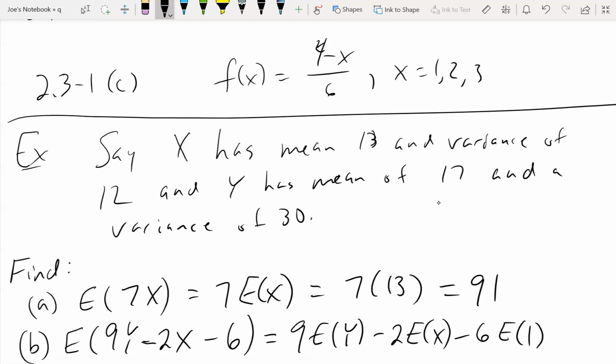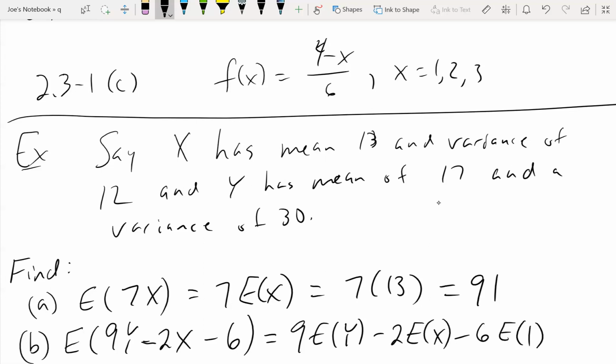Good. You don't have to write the E of 1 part if you don't want to. But you definitely have to write the 6. That part is important. The E of 1 is 1, so you don't have to write that part.